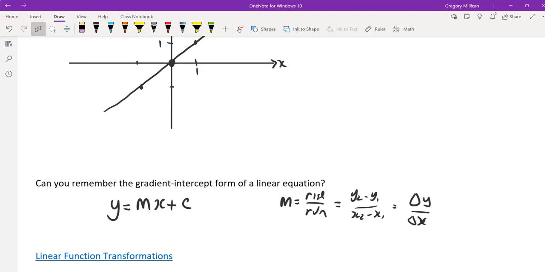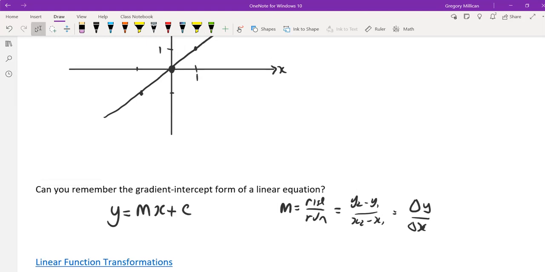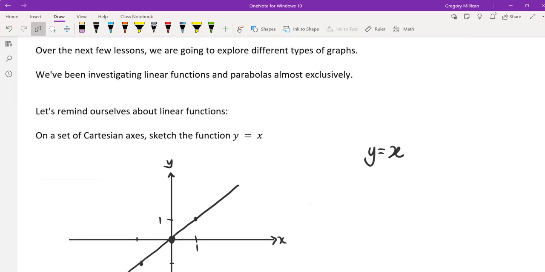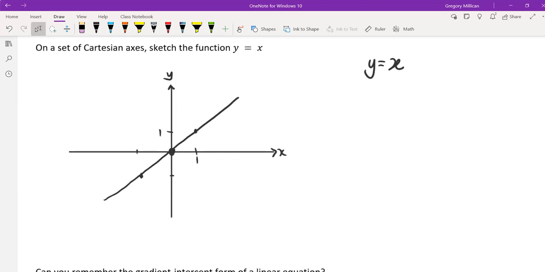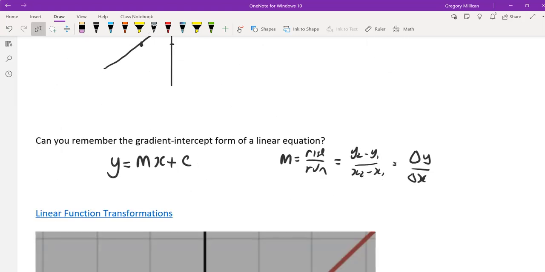So if we have y equals x, the coefficient of x is 1, which means my gradient is 1, which means in terms of rise over run, it's going to be 1 over 1. So when I start with my y-intercept, which I've already identified as 0, and I rise 1, run 1, bing, there's my point, draw the line. Is that okay?